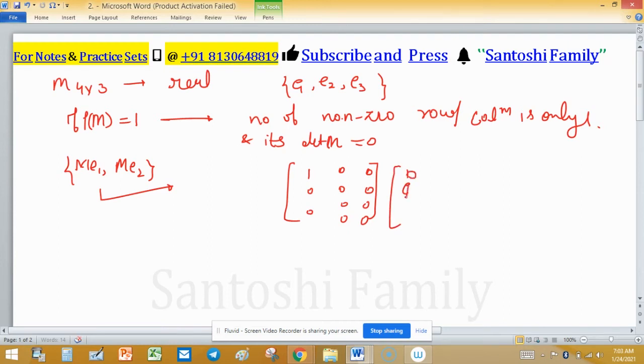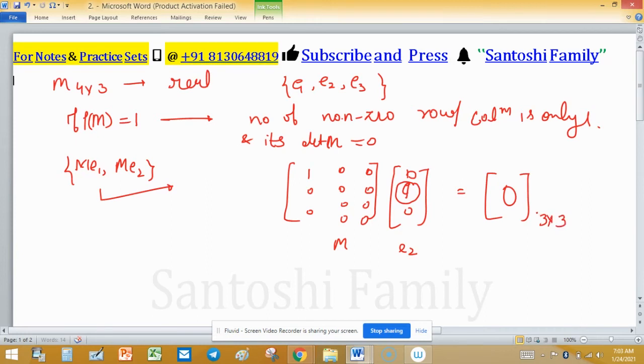Suppose this is E1, this is ME2. Because the second entry is 0, when you multiply by each row you will get 0.